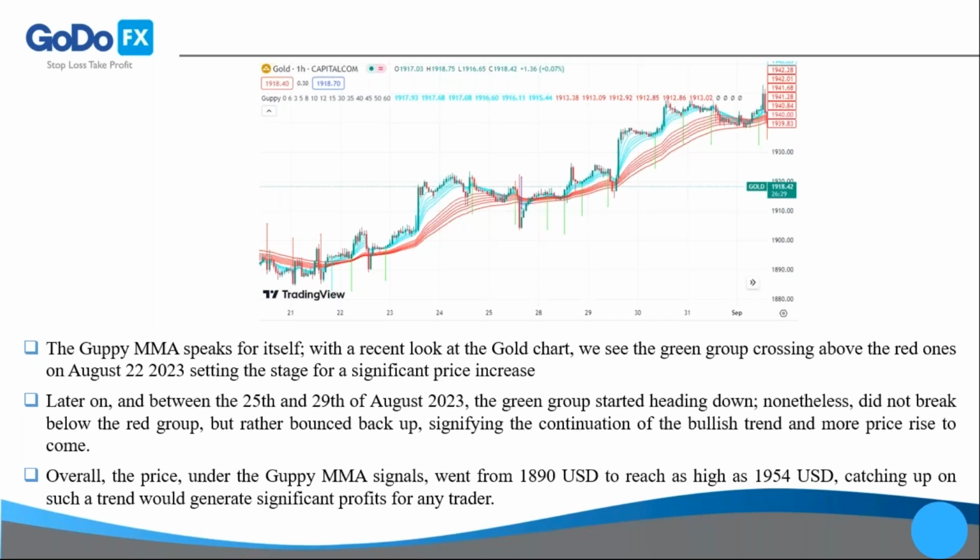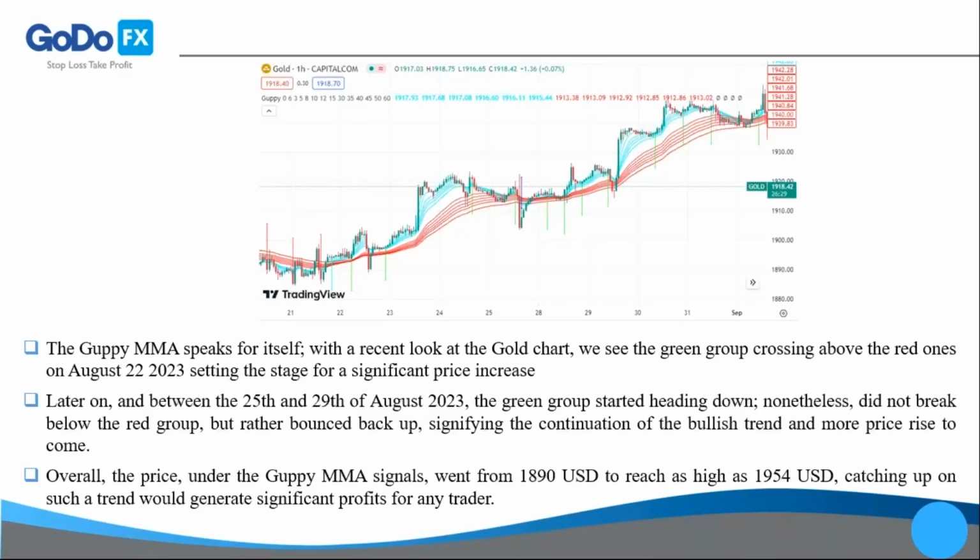Overall, the price under the GMMA signals went from $1,890 to reach as high as $1,954. Catching up on such a trend would generate significant profits for any trader, and the GMMA is very useful in this respect.